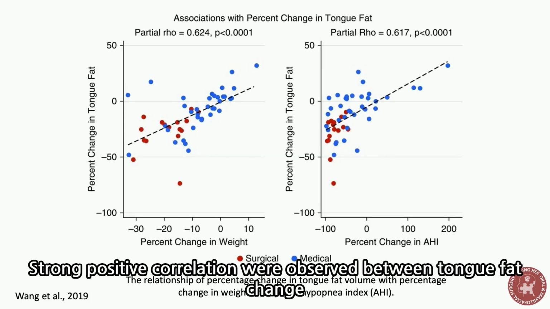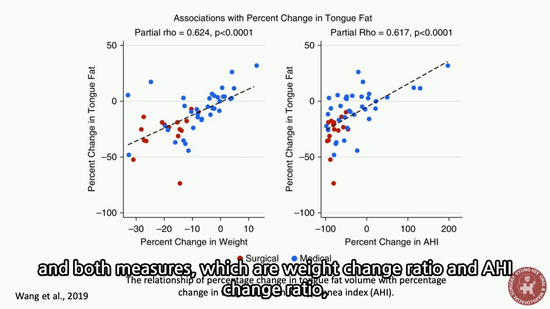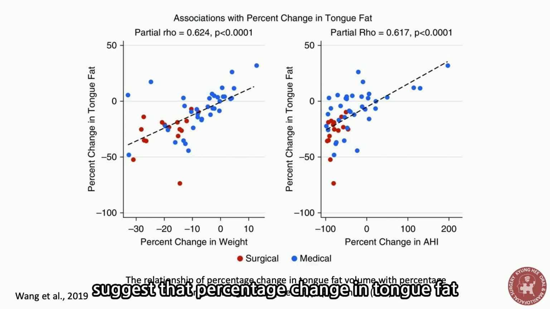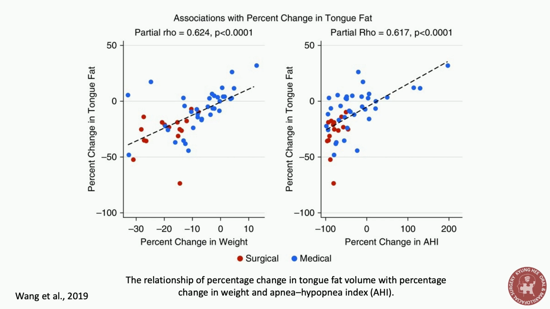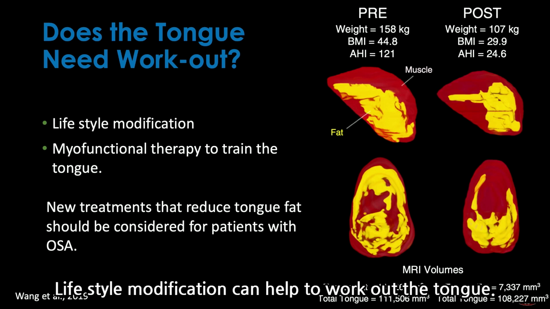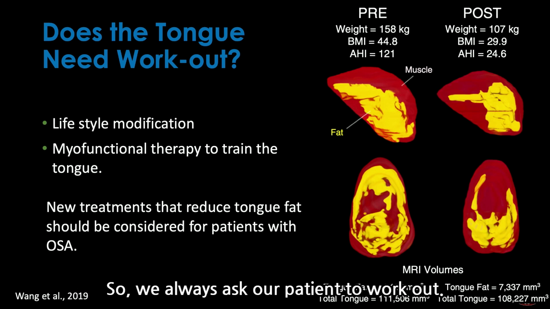Strong positive correlations were observed between tongue fat change and both measures, which are weight change ratio and AHI change ratio, suggesting that percentage change in tongue fat was the primary upper airway mediator between weight loss and AHI reduction. Lifestyle modification can help to work out the tongue, so we always ask our patients to work out.